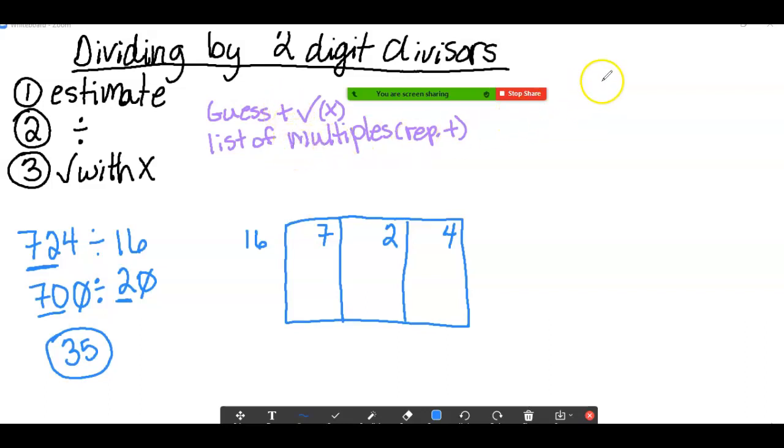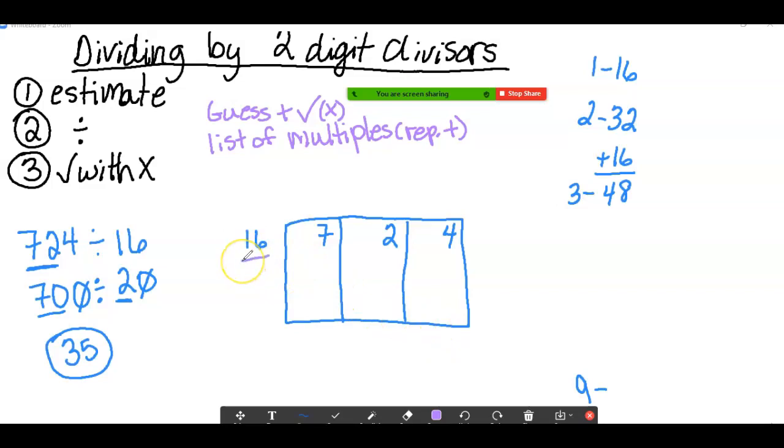If I want to do my multiples, I can come over here and continue on, all the way down to 9. Or I can do guess and check off to the side. So I think I'm going to do guess and check.